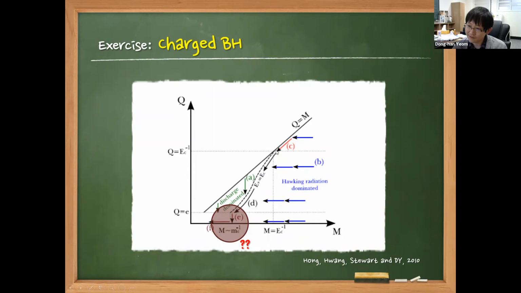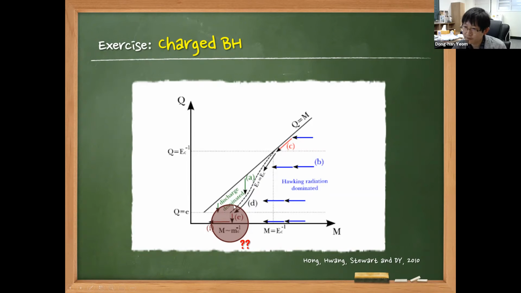And there exists a critical limit where the Schwinger effect and Hawking effect are competitive. So along this competitive contour, this black dashed curve, once you reach this critical electric field, you will not follow the extreme limit, but you will follow this dashed curve.